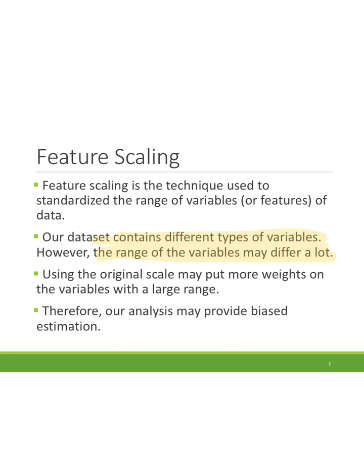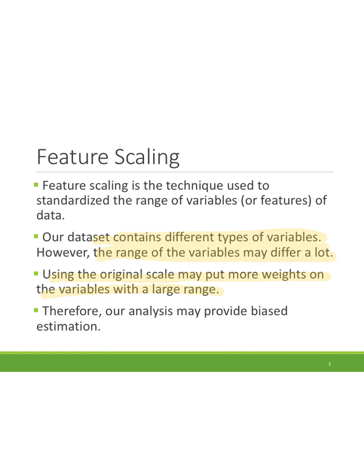Now, when you have different types of variables and the ranges are different, if you use that data without pre-processing, without scaling, to analyze, then there is a high probability that you will get biased estimation. Using the original scale may put more weight on the variables with large range.